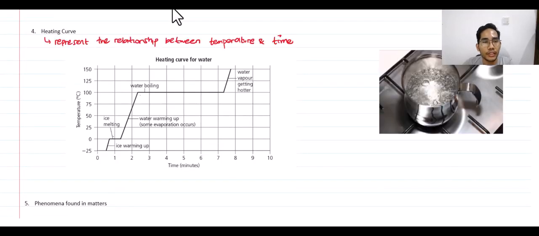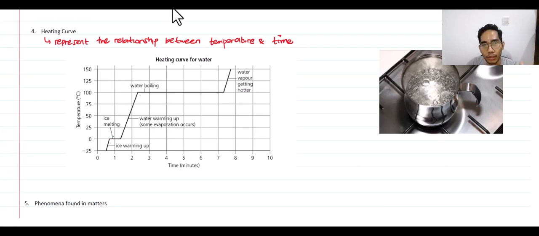So, to understand what is going on in the heating curve, we need to understand the shape of the curve itself. Now, let's start with the beginning of the curve, which is here, right? As you can see here, the temperature is negative 25 degrees Celsius. At this point, we must know that the water is in solid form because water freezes at 0 degrees Celsius.